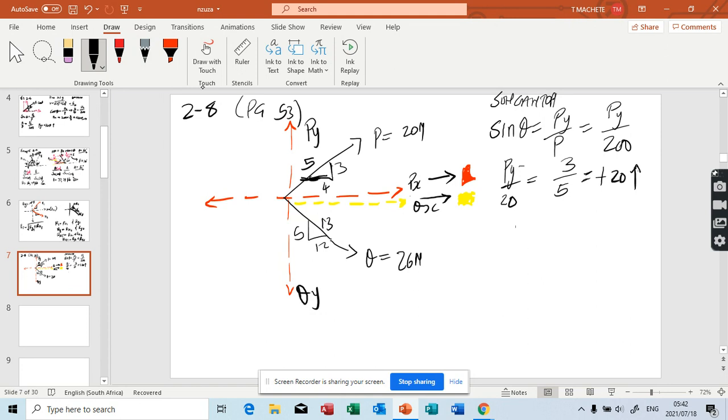Let's start with the upper part. Cos theta.